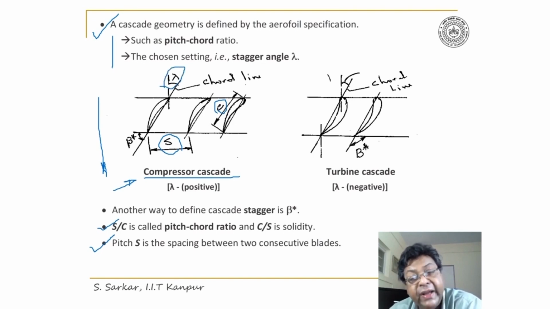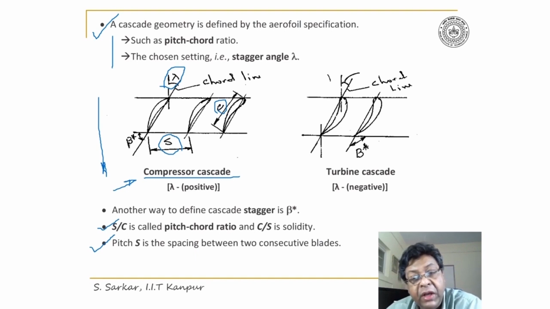So the stagger angle and the orientation of the blade defines the cascade, where pitch to chord ratio is an important parameter.